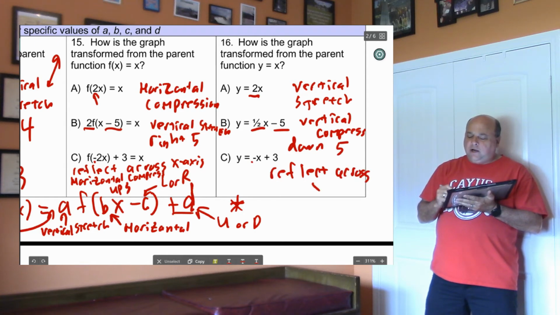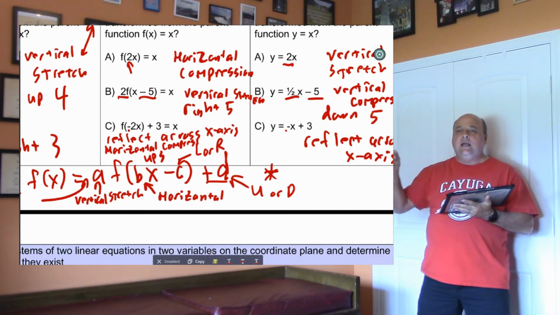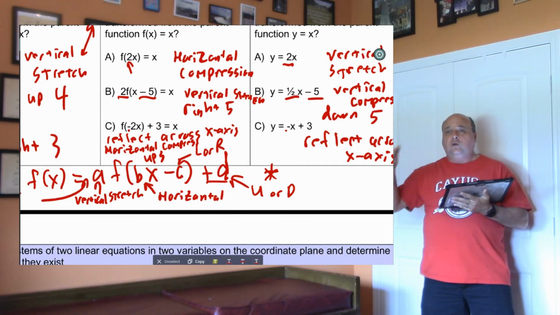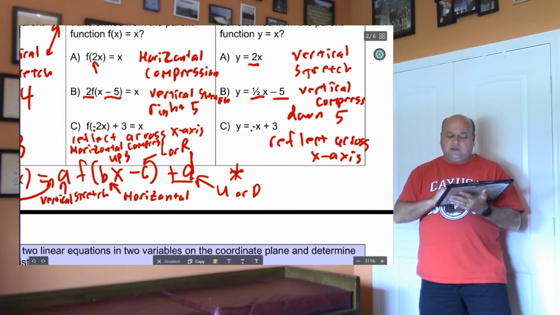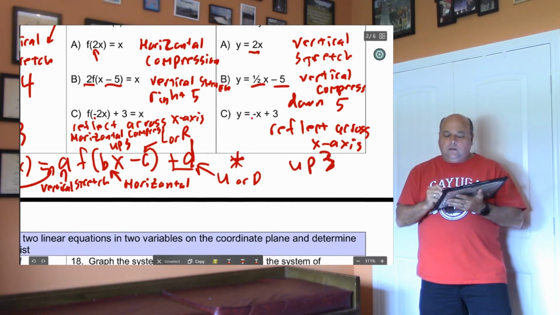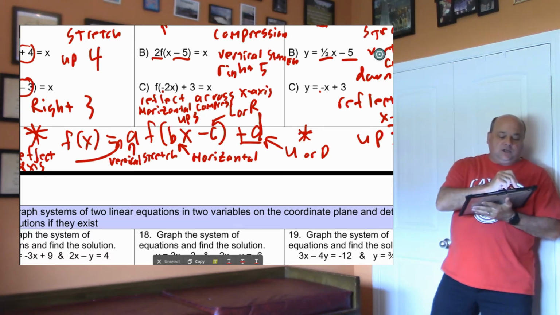And if you don't understand this, okay, you've got to know this down here, okay? You've got to know that key. We just did a lesson over this about a week ago, okay? So look back on the line transformations. And then lastly, the plus 3 is going to be up 3. Okay, unfortunately, this will not be on your formula chart, okay?